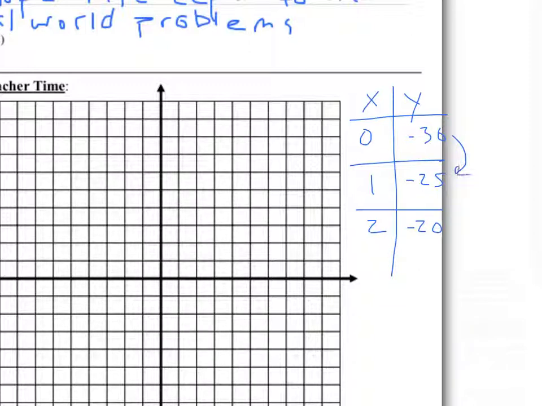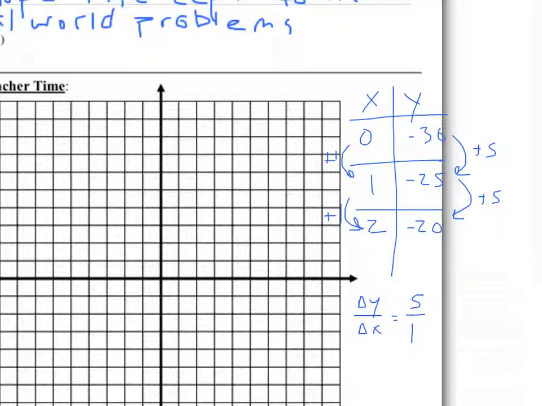I can calculate my changes in Y. Each of my changes in Y is what? Plus 5. Each of my changes in X is plus 1. So that tells me that my slope, or my change in Y over my change in X, is equal to positive 5 over positive 1.